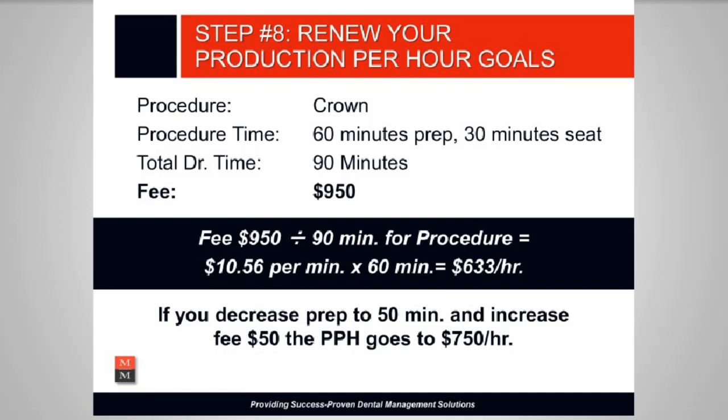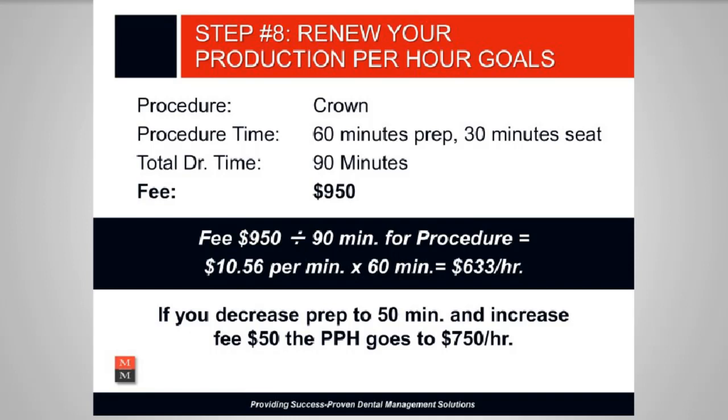If a procedure takes the doctor 3 appointments, she should record the time needed for all 3 appointments. Then the fee for that procedure is divided by the total time to do the procedure, so you come up with how much you're producing per minute and per hour. Then compare that hourly amount to what you've set as your goal.